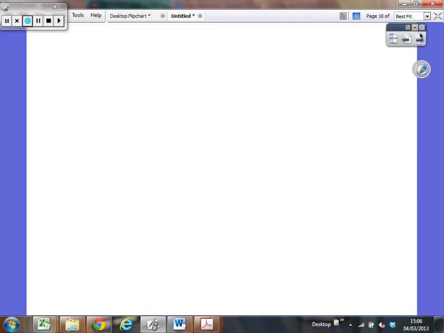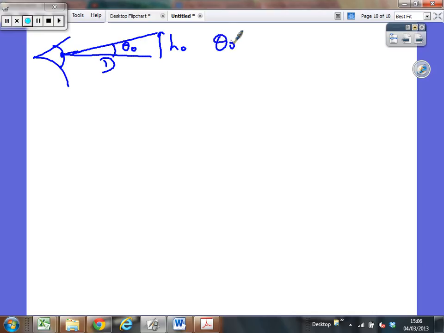There's a second case that we need to consider, which is when we place the image at a different place. Let's again start off with an object of height h0 placed at the near point, a distance d away, and the angle subtended by the object, theta 0, would equal h0 over d.